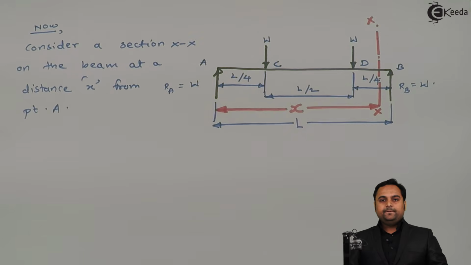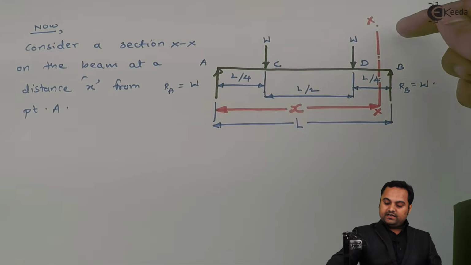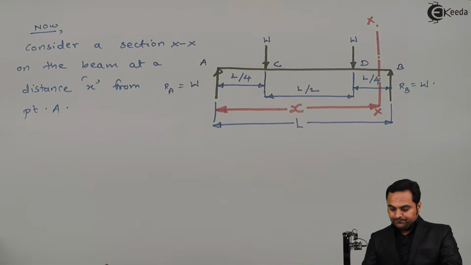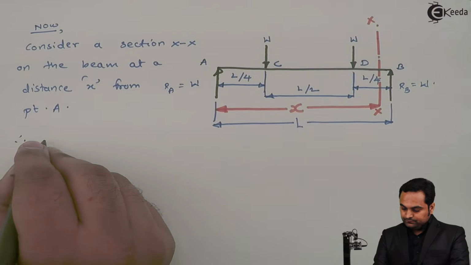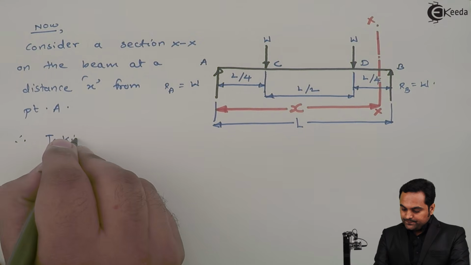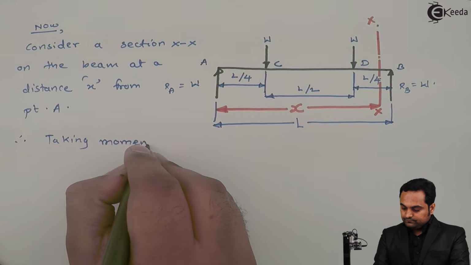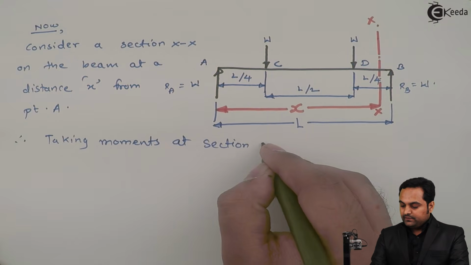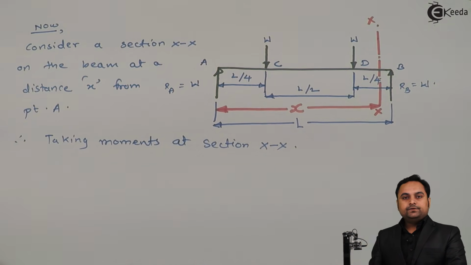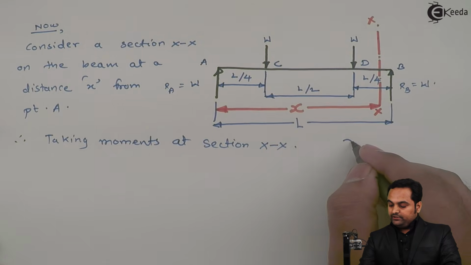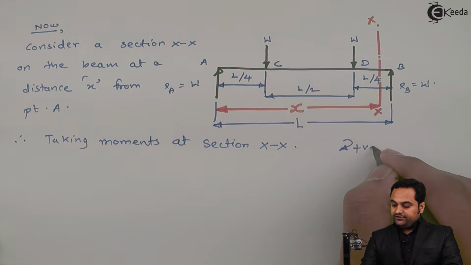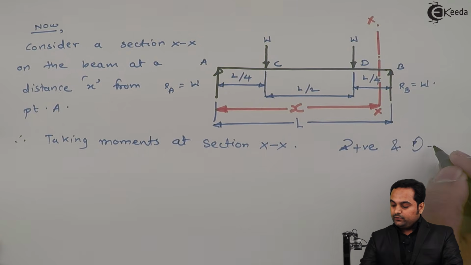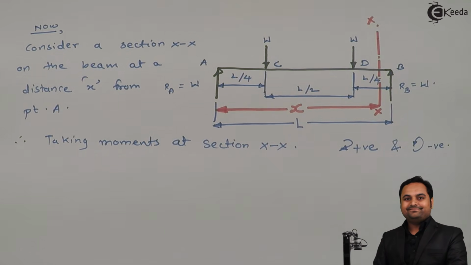The next thing would be, we will be taking moments at this section, which is XX. So I'll say that therefore taking moments at section XX. Here while taking the moment, clockwise moment will be treated as positive and anti-clockwise moment will be treated as negative.